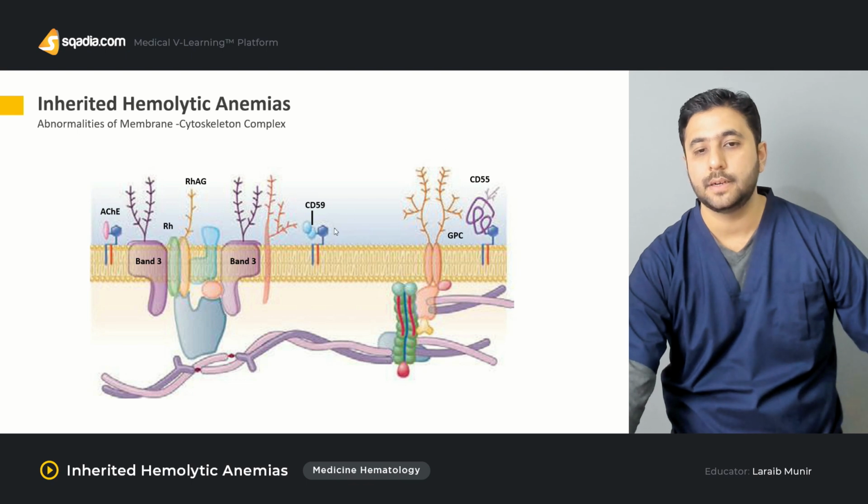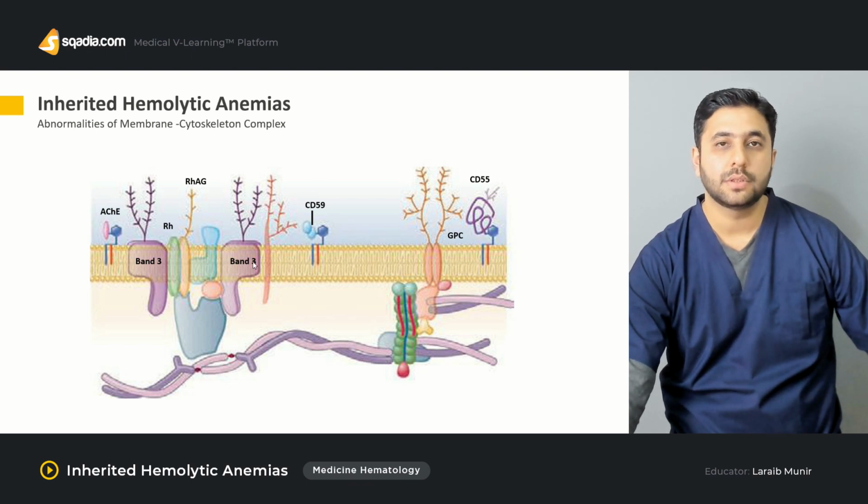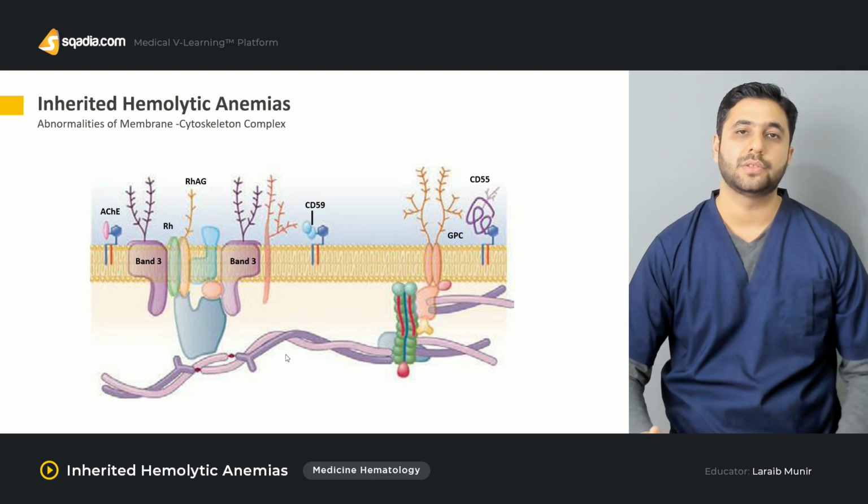These two are complement regulatory proteins, and these are important specifically when we talk about paroxysmal nocturnal hemoglobinuria. There is a GPI anchor problem in those patients, and acetylcholinesterase is very important for the interaction of acetylcholine. But band-3 are the most abundant proteins in the lipid bilayer, and these are the ones which interact with the cytoskeleton filaments. These are the cytoskeleton filaments which maintain the integrity of the RBCs or maintain the proper structuring of the RBCs.